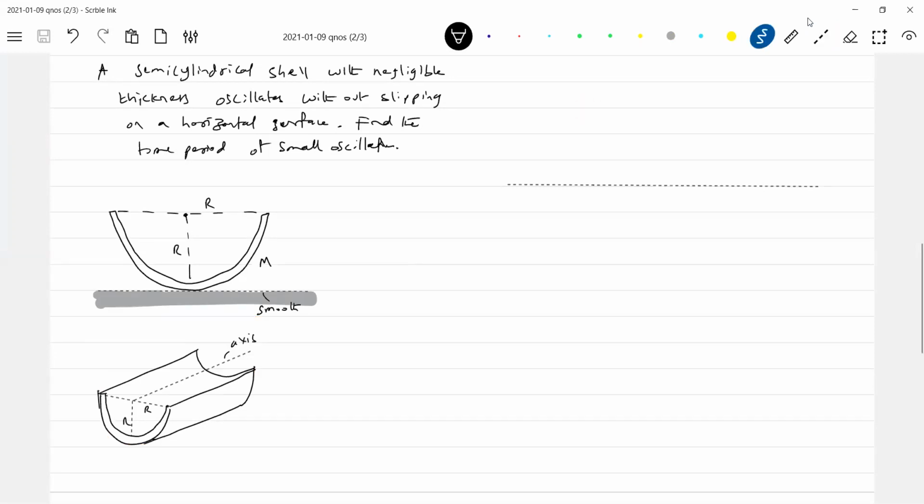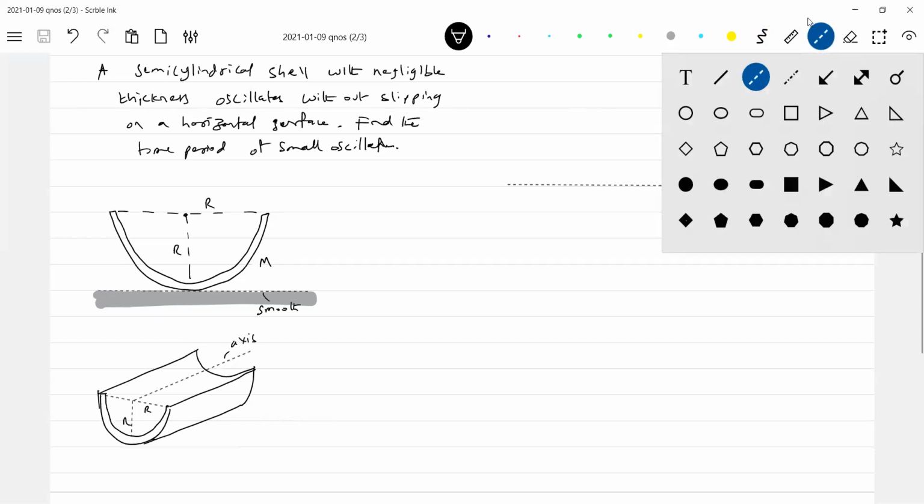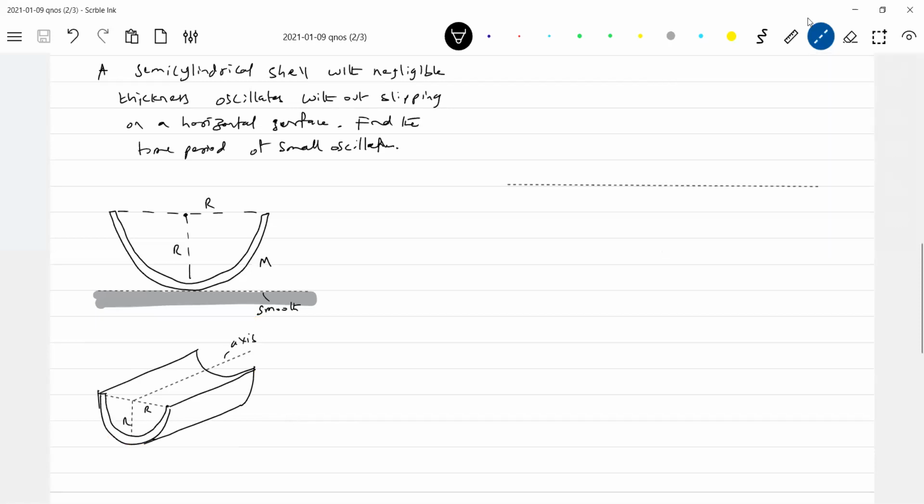Okay, this will be the semicircle. So let it be. I have the semicircle. Okay, I'll plot it.